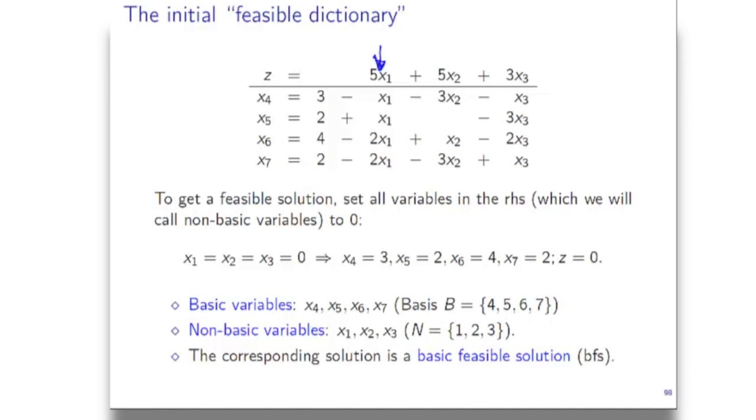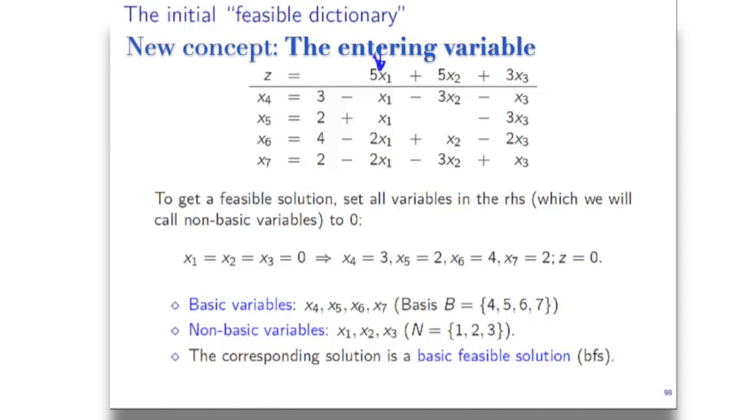So when we increase it from 0 to 1, it is greater than 0. Now it violates our agreement that all the non-basic variables must be 0, right? So in other words, x1, after we increase it, is not a non-basic variable anymore. So it turns into a basic variable. The other way to say it is that x1 enters the basis, and we'll call x1 the entering variable.